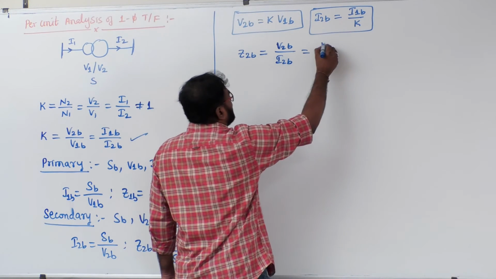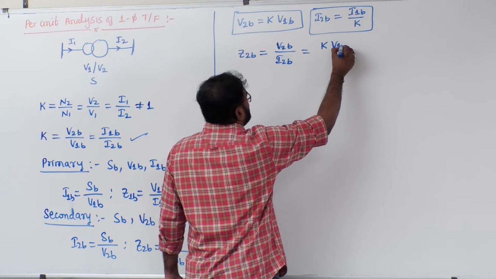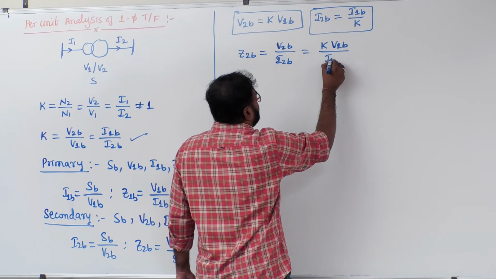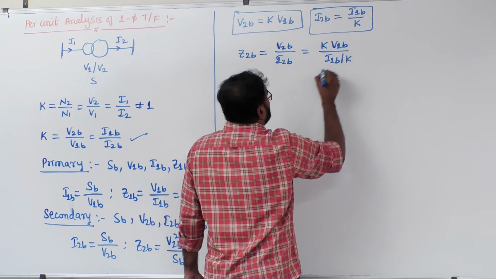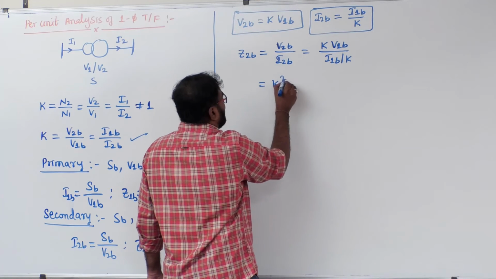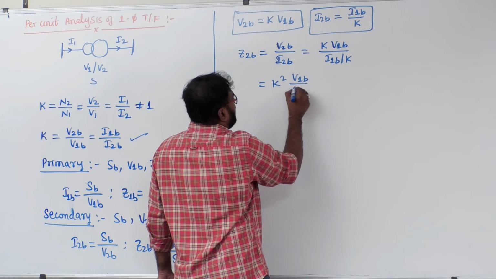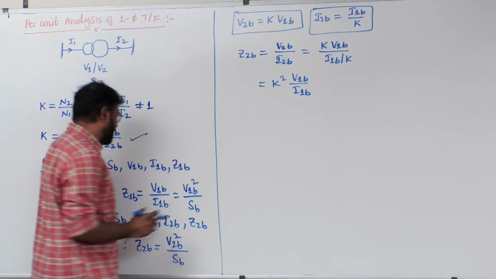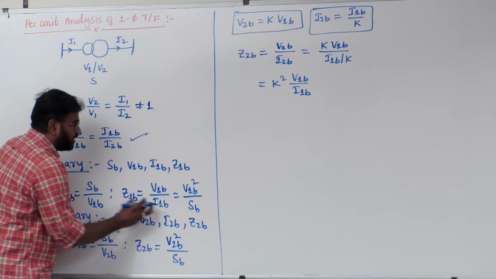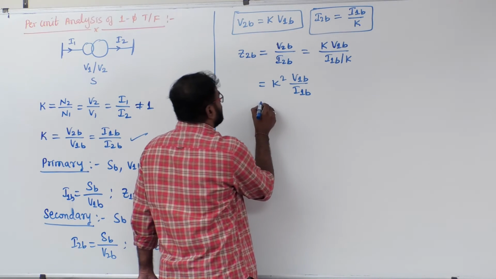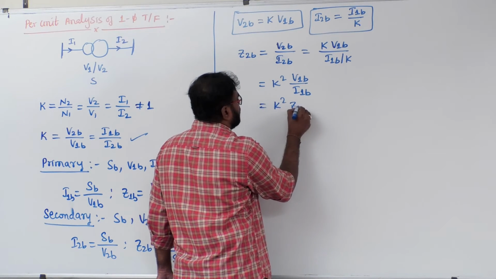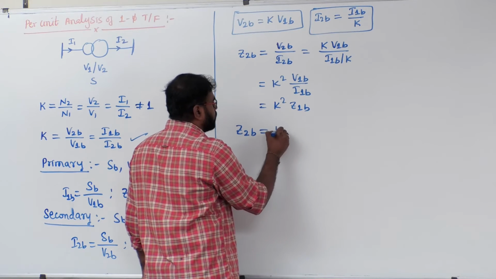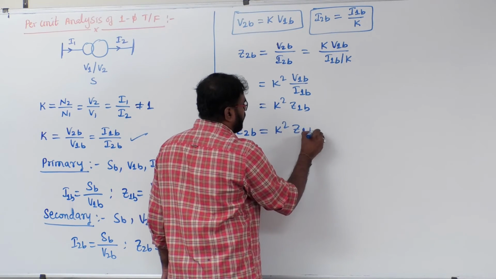V2 base is K times the V1 base, and I2 base is I1 base divided by K. So we get K square times V1 base by I1 base. What is V1 base by I1 base? Just now we defined it: Z1 base. So Z2 base equals K square times Z1 base.